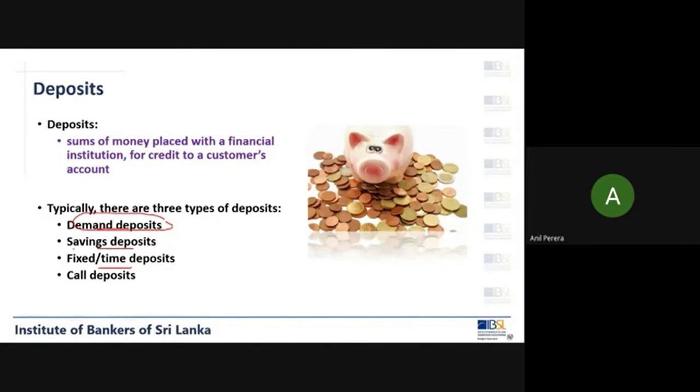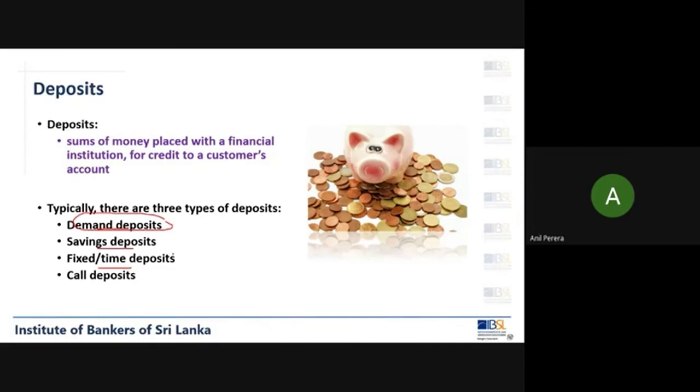Savings deposits, they are actually helping to mobilize savings on a short-term basis. And for liquidity purposes, you have a savings account, which means for day-to-day utilization for transaction purposes, you have these savings deposits. Fixed deposits, time deposits are there for investment purposes, right?